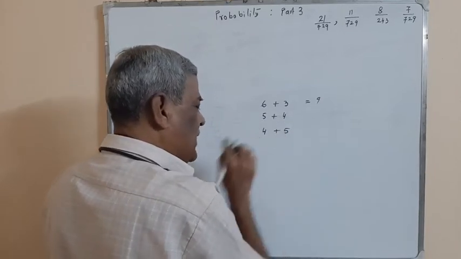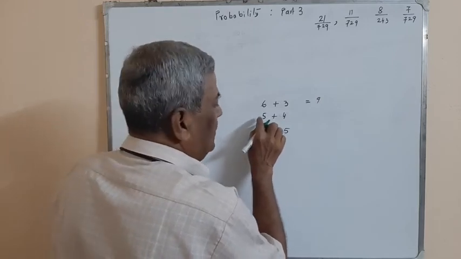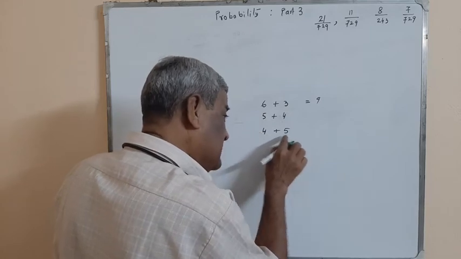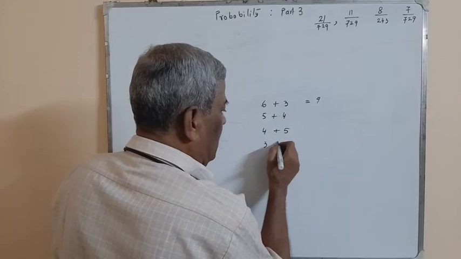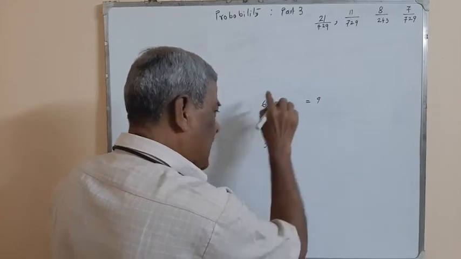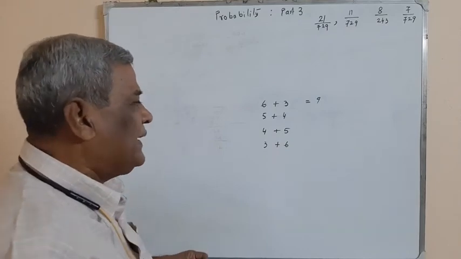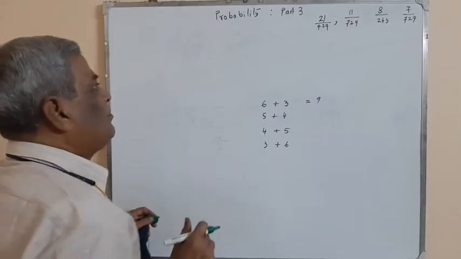They are not the same: here it is first die 5, but there first die 4 and second die 5. And moreover, 3 plus 6. And you see, there are no other possibilities of getting a score of 9 from 2 dice.